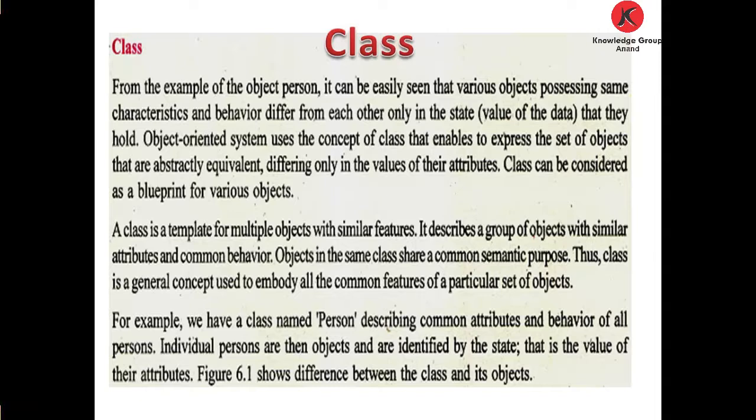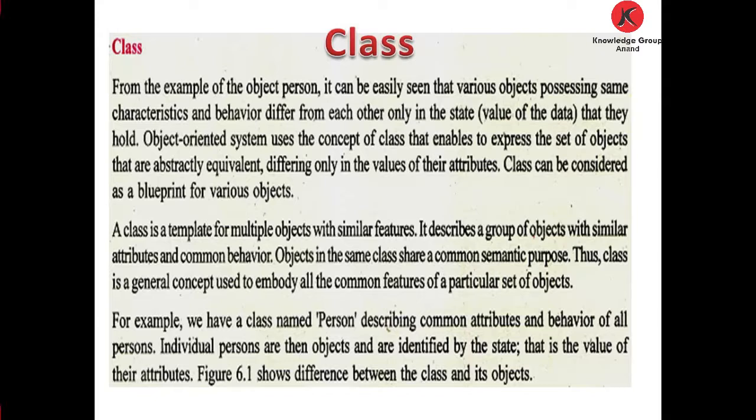So, object-oriented methodology uses the concept of class. So, what is a class? From the example of the object person, it can be easily seen that various objects possess the same characteristics and behavior and differ from each other only in the state that they hold.